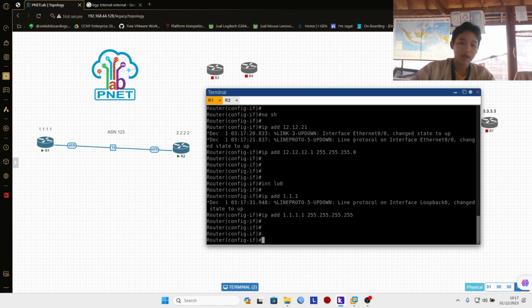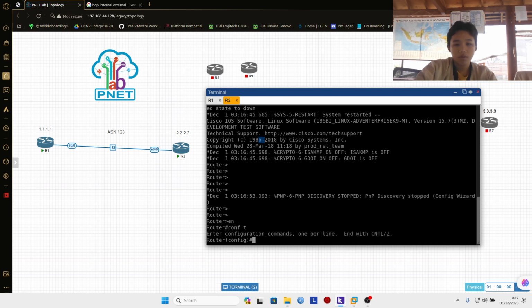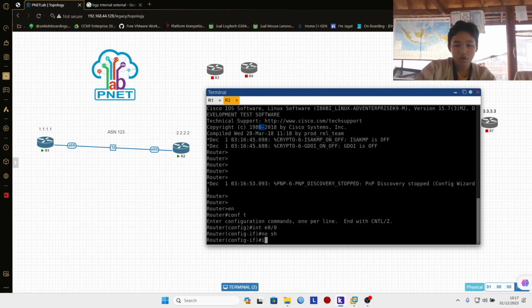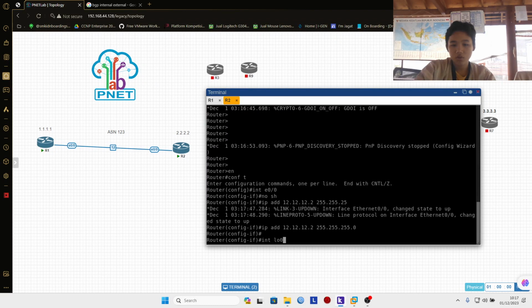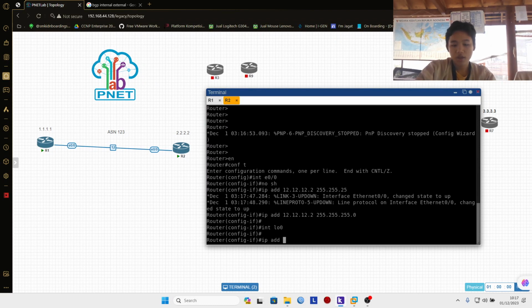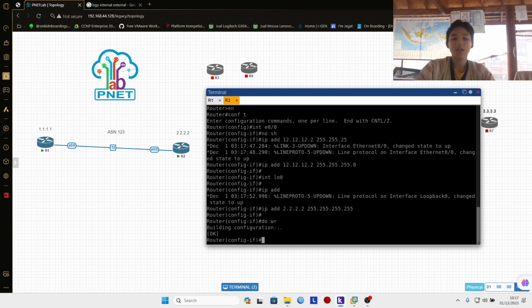Nice, done. Put some IP again on the second router. Enable, configure terminal, interface e0/0, no shutdown, IP address 12.12.12.2, since the first one is already a /24. Interface loopback 0, IP address 2.2.2.2. Okay, don't forget.